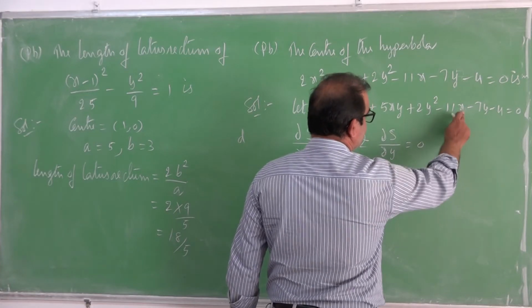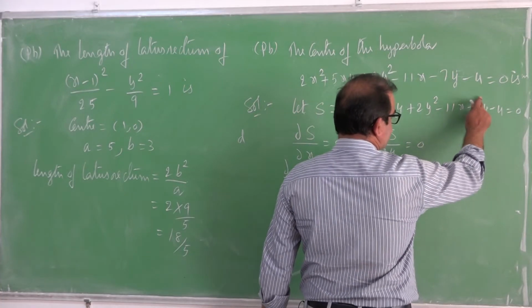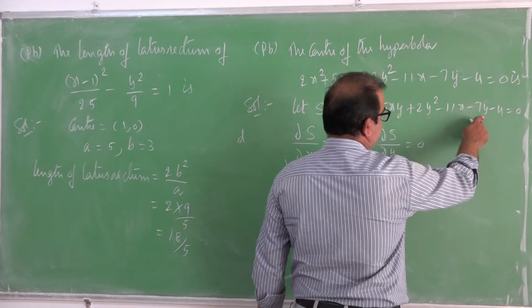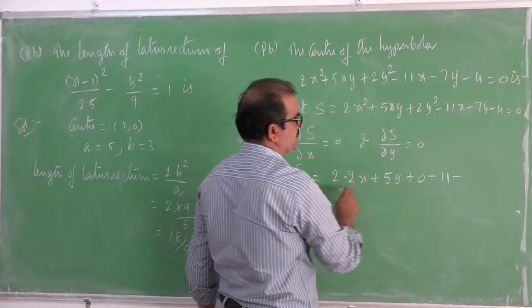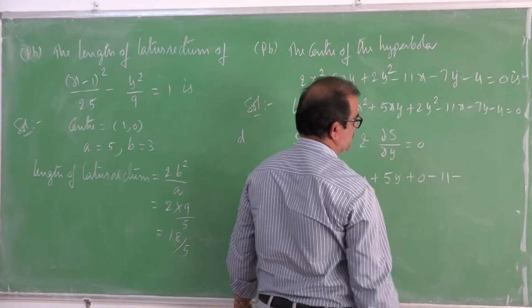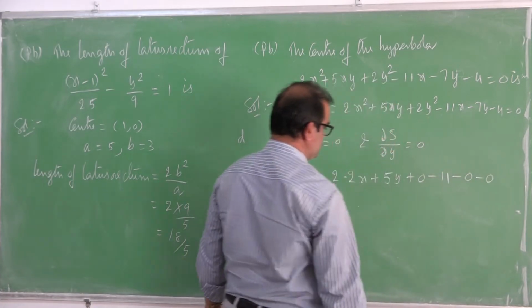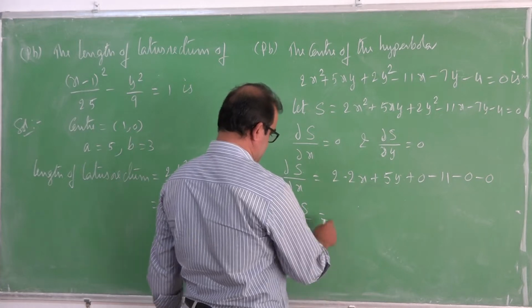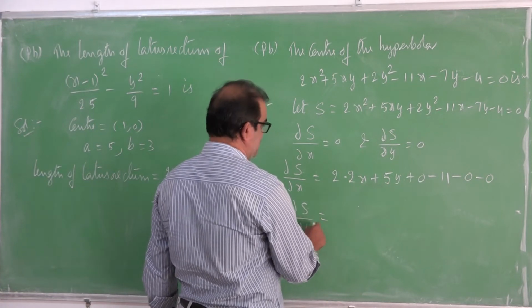Minus 11 into derivative of x, 1. Minus, this entire term is taken as constant, because we differentiate partially with respect to x, so derivative 0. Minus derivative of 4, 0.